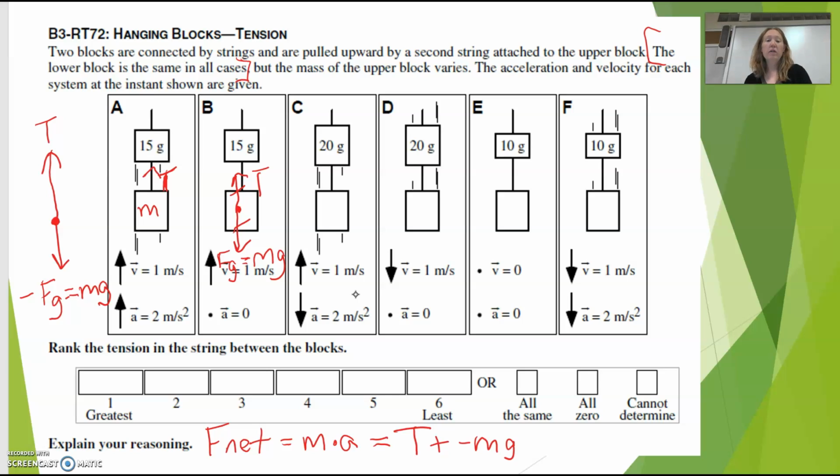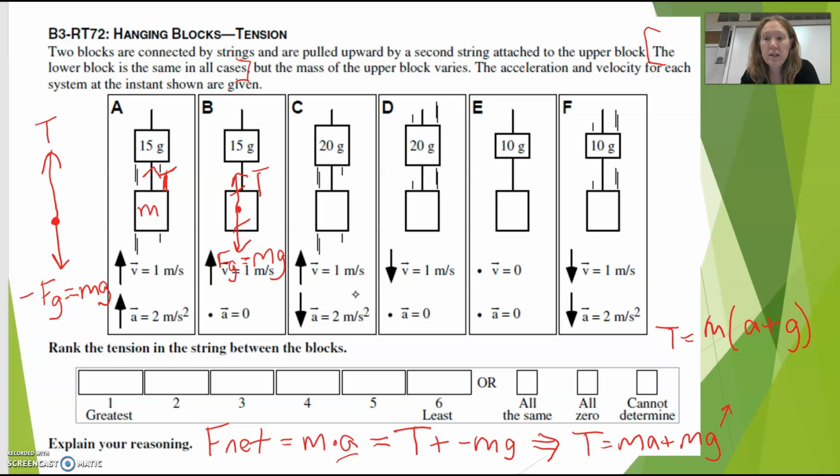Now if a is negative, we'll just make sure that we plug in a negative number there. So let's solve this for T. We would just add mg to both sides. So we'd say T equals ma plus mg. If you want to get fancy, you can say T equals m(a plus g).